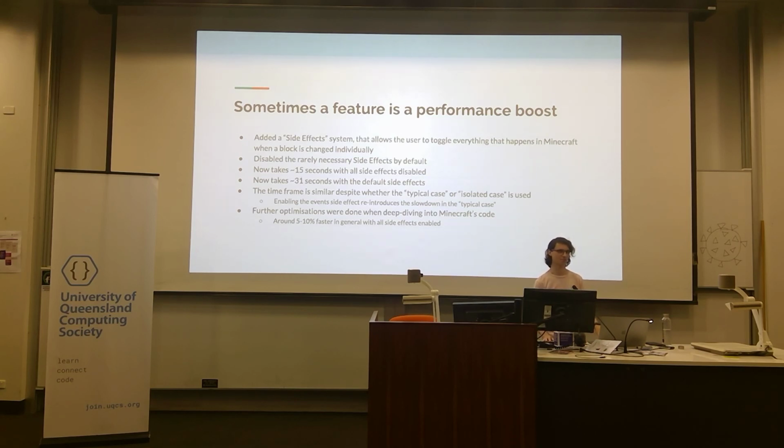So we added a system, ironically, called side effects that allows the user to toggle everything that happens in Minecraft when a block actually changes. We disabled the ones by default, and this basically means that people can decide what is necessary and therefore speed things up when they don't need to do everything.